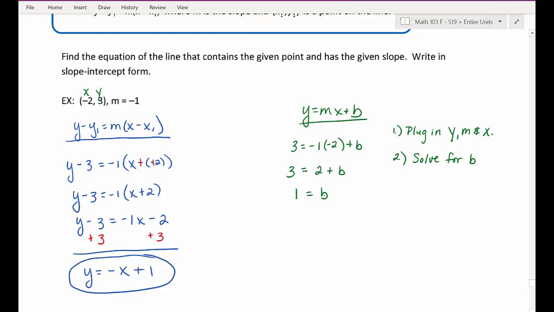Now that we've solved for b, to actually get the equation, we're going to plug the m that was given and the b that we found into y equals mx plus b to get the equation of our line.